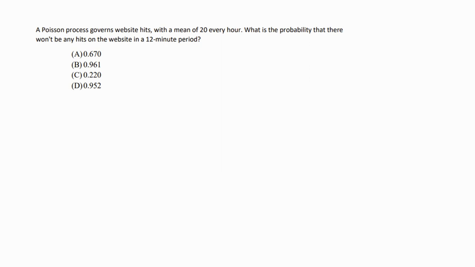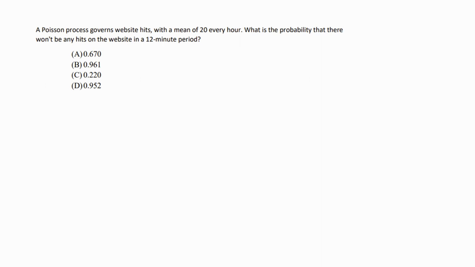So the next question we have here is that a Poisson process governs website hits with a mean of 20 per hour, and now we want to find the probability that there won't be any hits on the website for a 12-minute period.